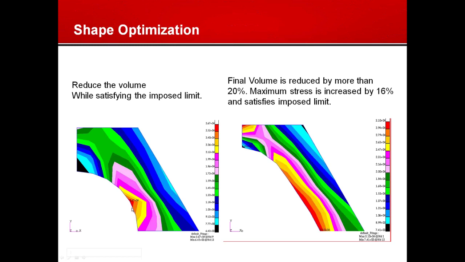There are 7 locations where we applied a unit load to get the displacement pattern, and those combinations of the displacement patterns act as the shape basis vectors to give you the final design. So you can see that here the volume was reduced by more than 20%, and the stress constraints were met.